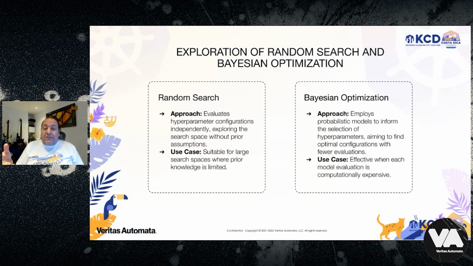And for Bayesian optimization, again, think about when you shoot at a polygon and you try to hit the center. You shoot the first with a pistol and you have the hole.